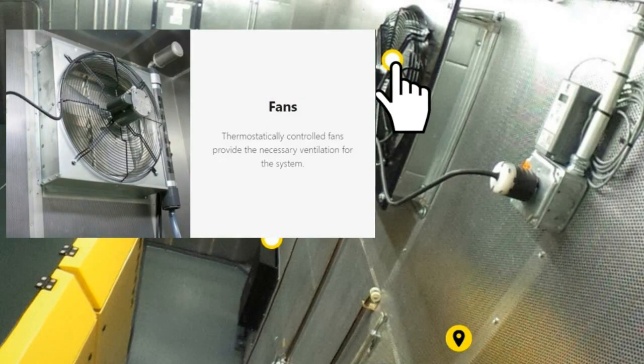Thermostatically controlled fans control the indoor ventilation for such packages. They have a digital thermostat and a remote sensor that can be placed in the package to reap the best benefit.